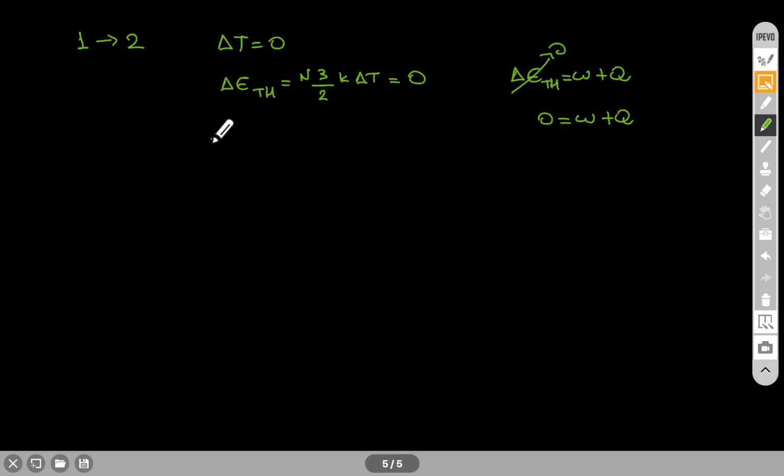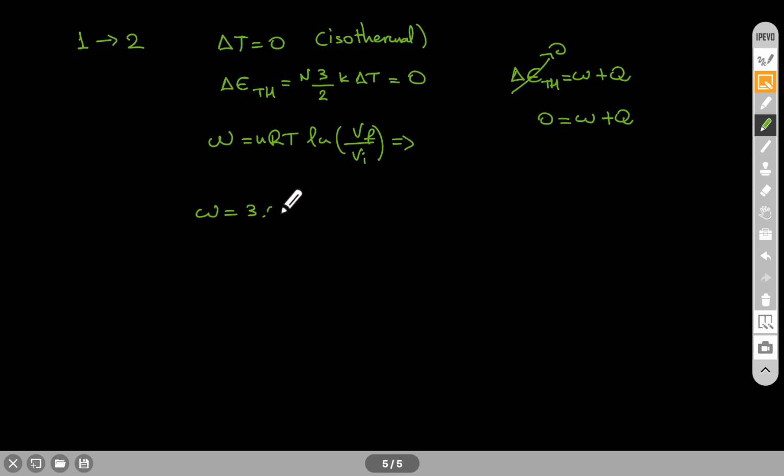Let's make a note: this is an isothermal process. Now, I have the expression nRT natural log V final over V initial, and I have numbers.